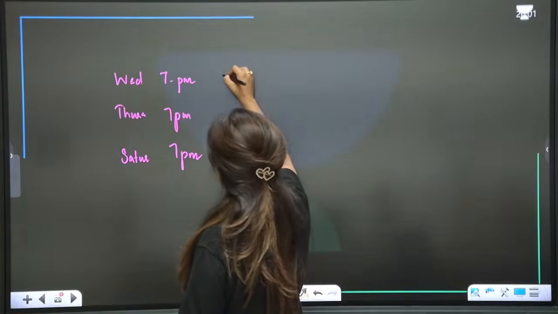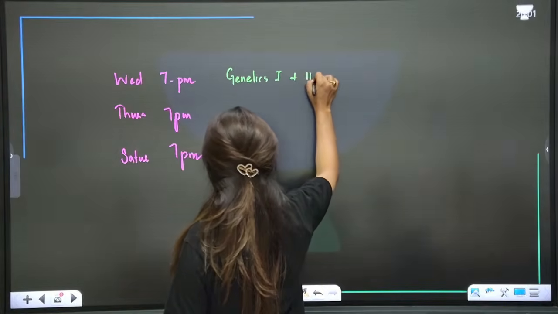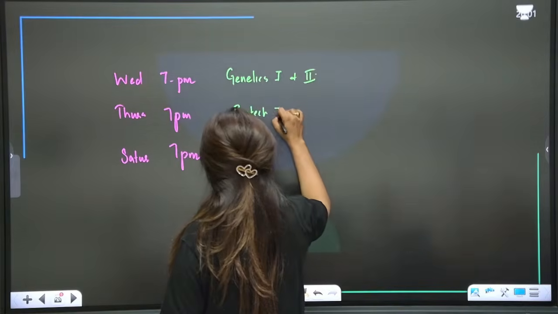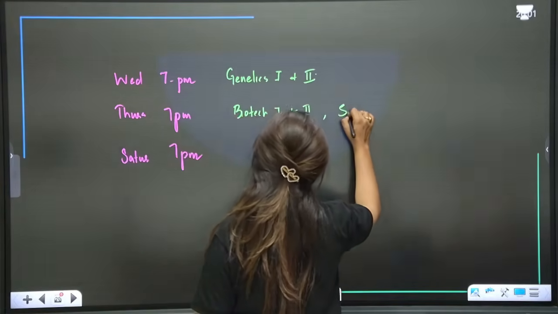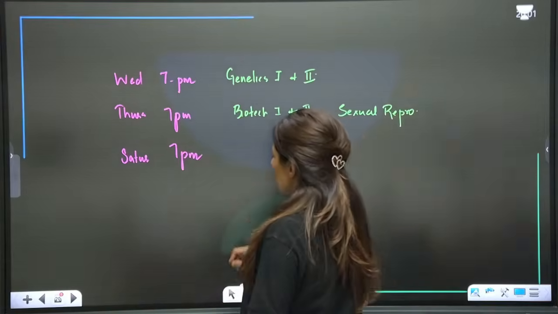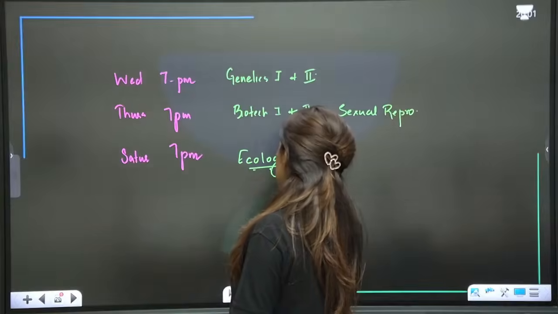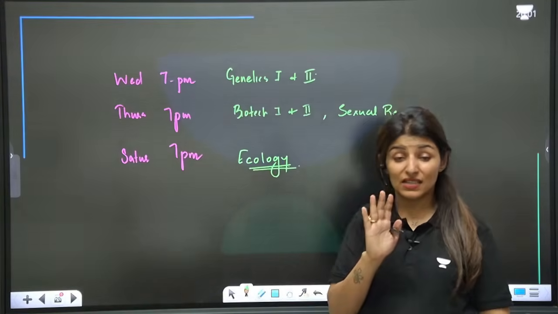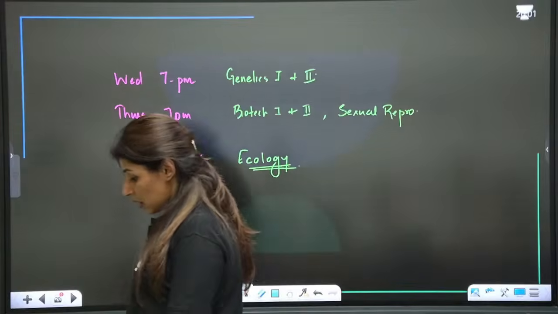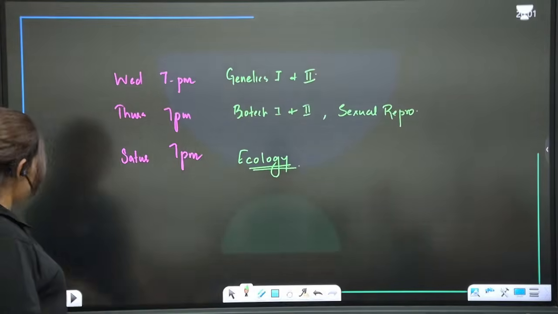This is botany 1, where I'm going to discuss genetics 1 and 2. Then I'll be talking about biotechnology 1 and 2 along with sexual reproduction in angiosperms. And then the third lecture will go to ecology, and you must know that ecology itself gets around 10 questions. So it is one of the highest weightage units. Is that clear? So this is how our plan is.